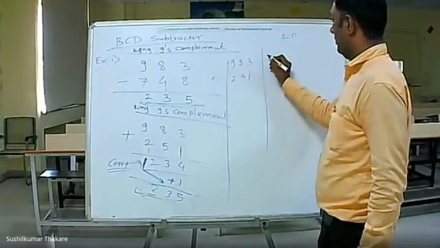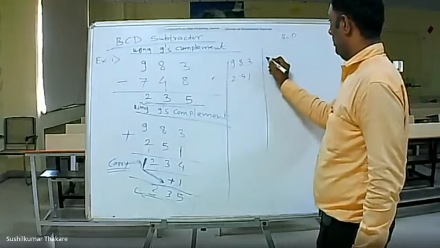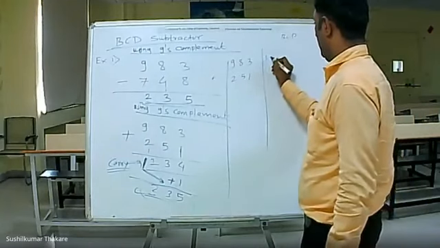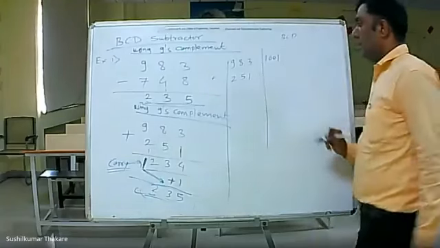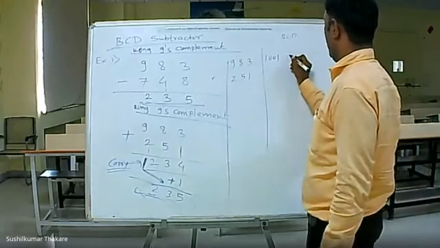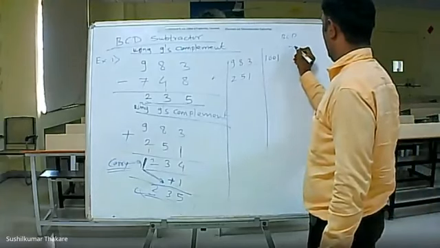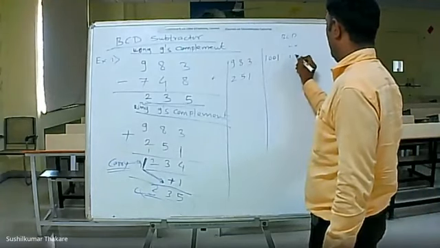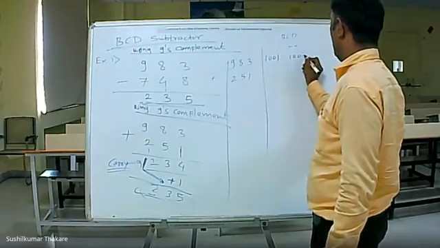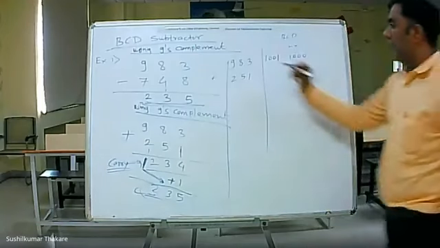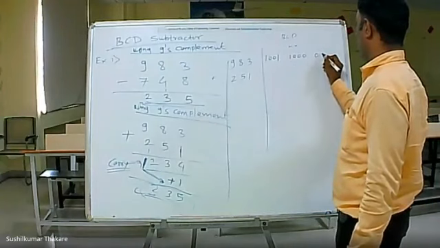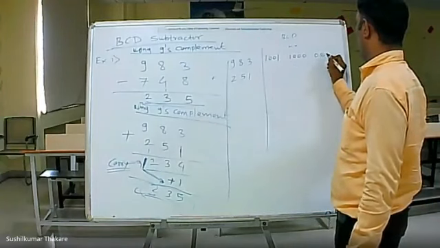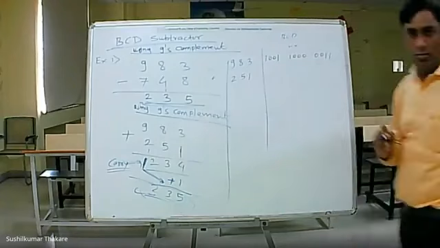983. What is the 9? 8, 4, 2, 1: 1001. What is the 8? 1000. What is the 3? 0011.